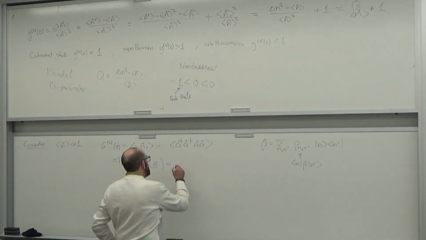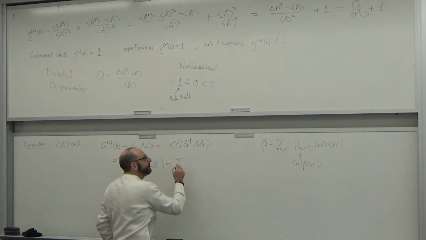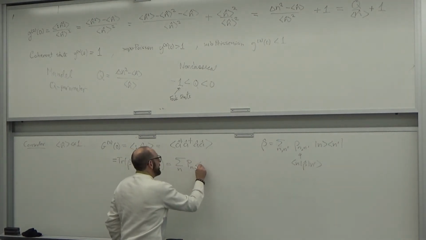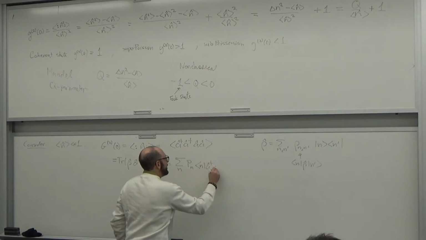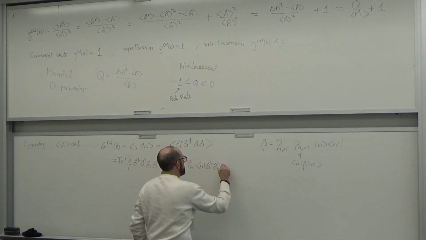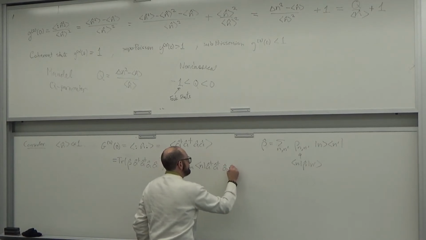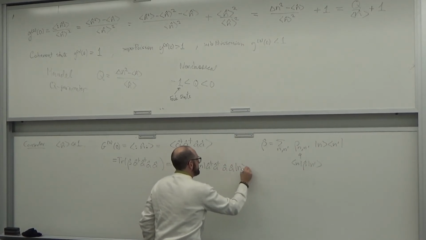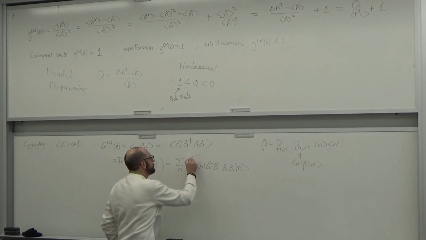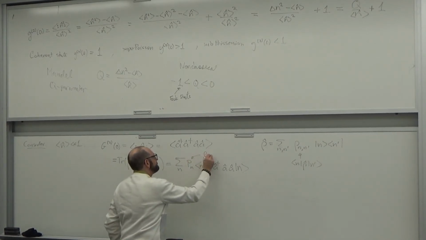So this is equal to the sum over n, p sub n, and a dagger, a dagger, a, a, where p sub n is rho nn.